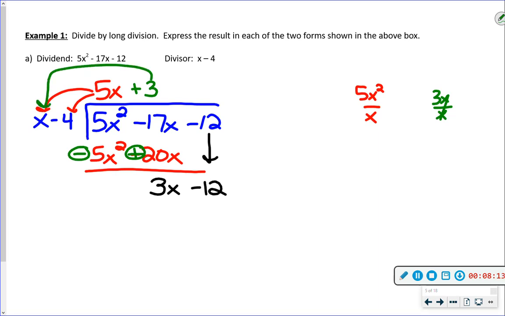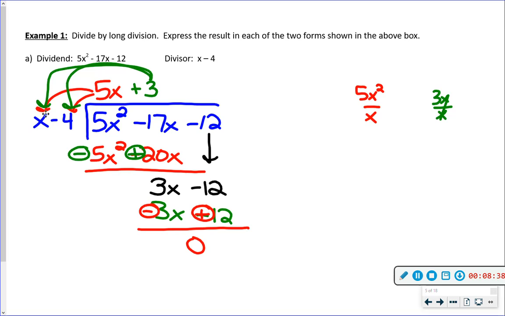So 3 times x, 3 times negative 4. Again, I'm going to subtract that row of green, aka switch the signs, and I already hear some of you muttering what the remainder is. What's your remainder? 0.